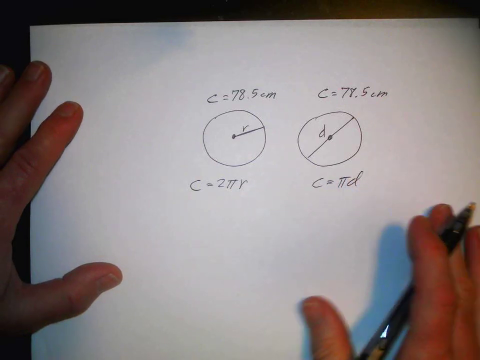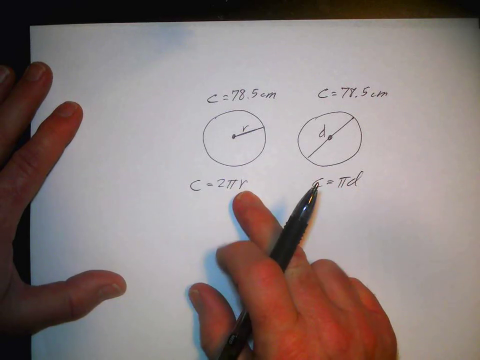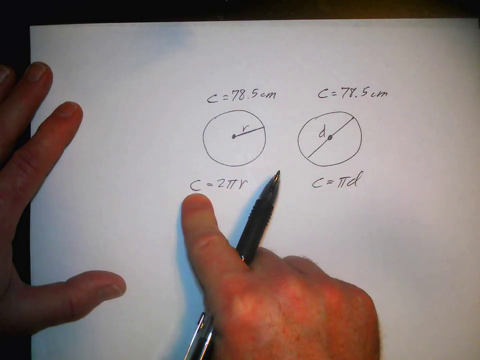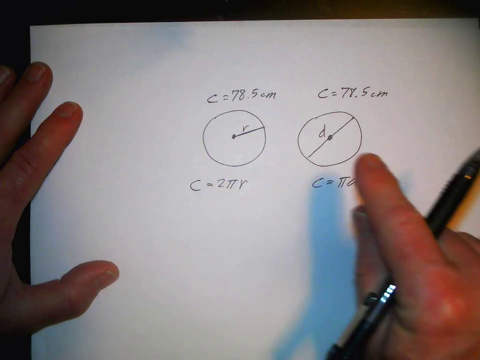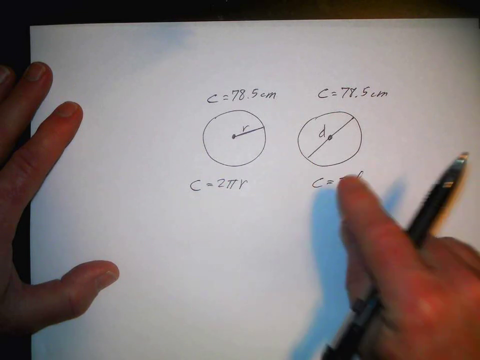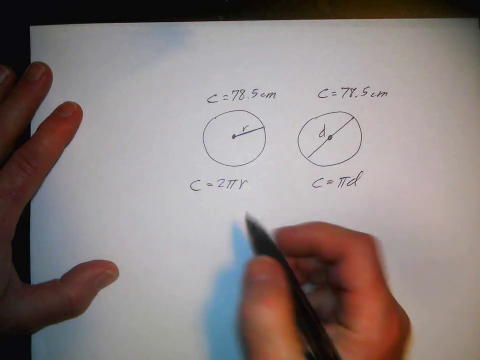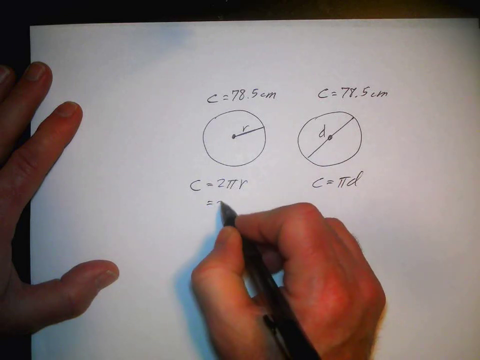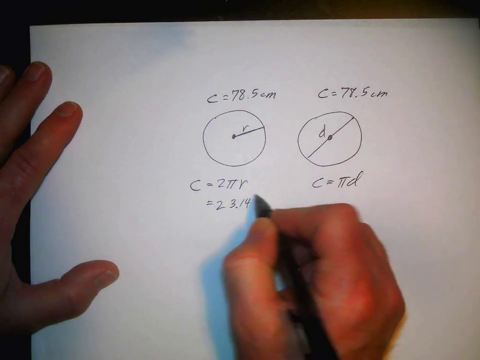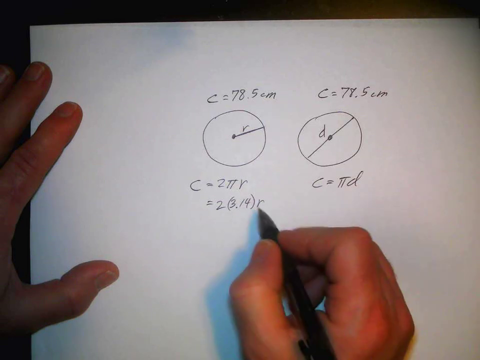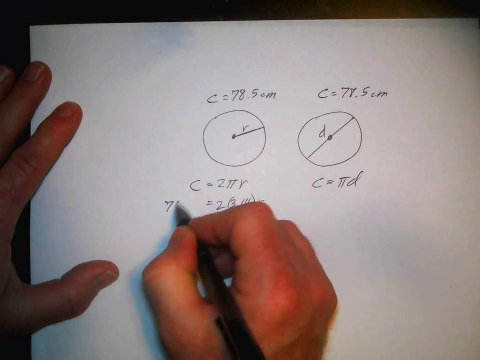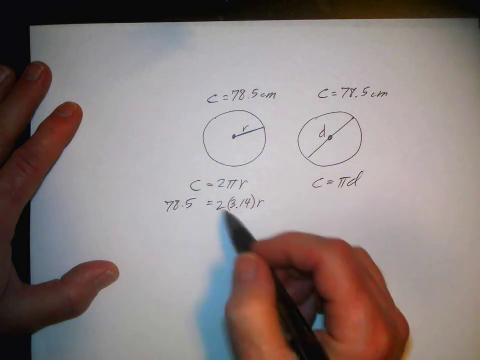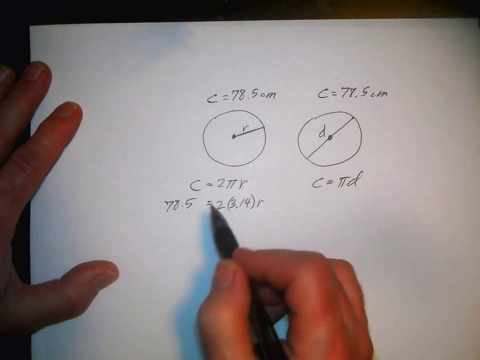Now, if we're going to find the radius, what we need to do is know the circumference and the number for pi. And here we need to know circumference and the number for pi. Well, turns out we always know the number for pi. And we still don't know the radius over here. We do know 78.5 is going to be our number for circumference.